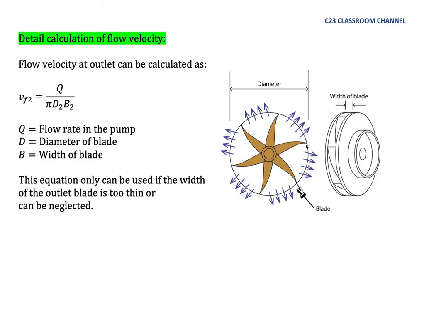And because the tip is very thin, we assume that water could flow throughout this area. So please remember that the equation Vf2 equals Q over pi d2 b2 is valid for a blade that has a very thin thickness at the outlet.